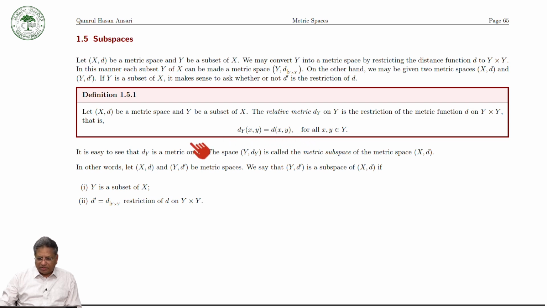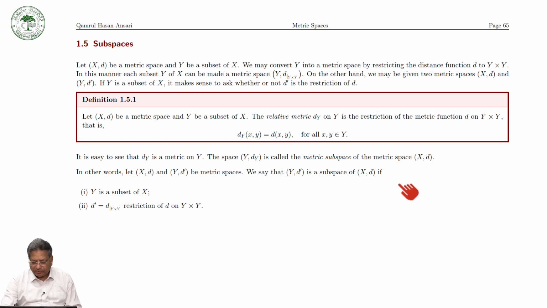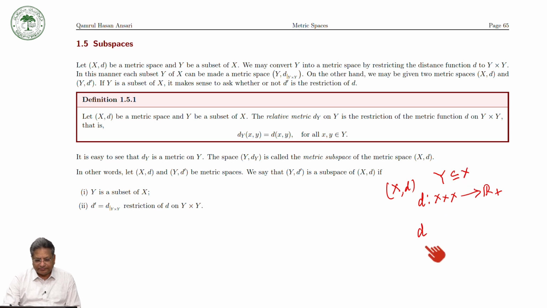In other words, because (X, d) is our metric space, it means that d is a metric from X cross X to R, or I can write R plus. And we can take the restriction of this on the subset. Now we are taking Y as a subset of X, so let us take the restriction of this over Y cross Y.